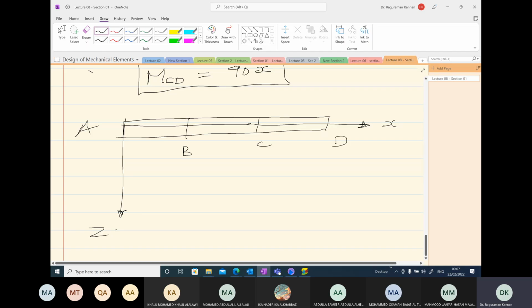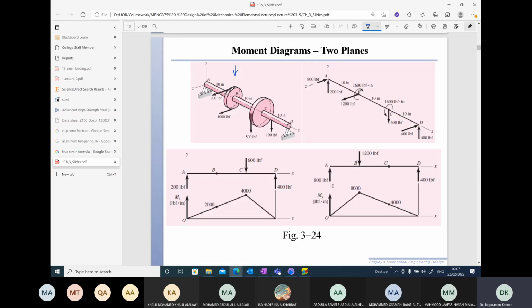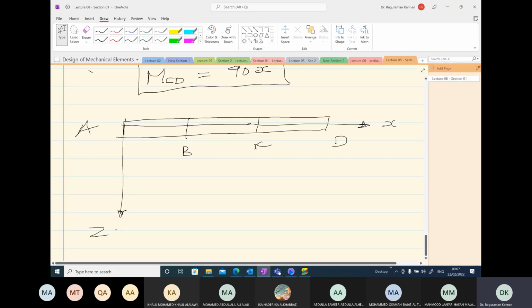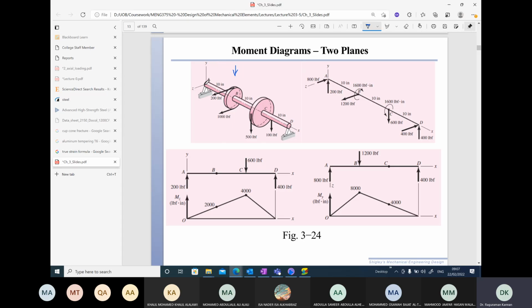At point B, I am going to see the force 200 plus 1000, so 1200. That's the force I'm going to observe here, 1,200 pound force at point B. I'm going to assume this is like a simply supported beam.